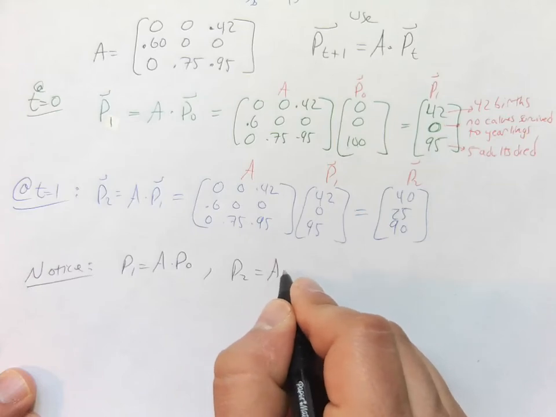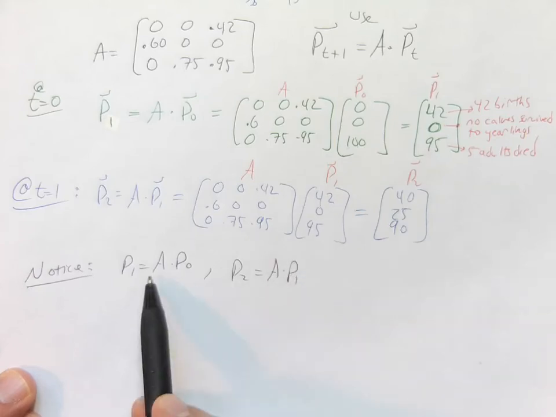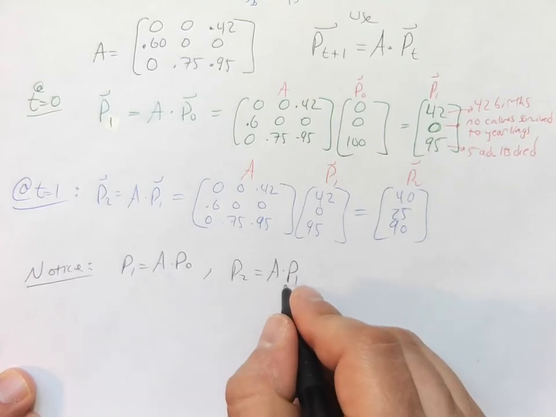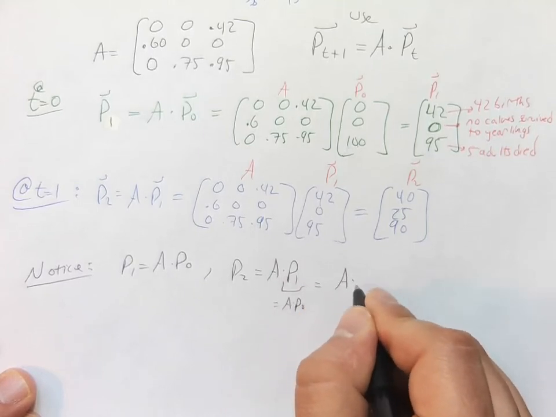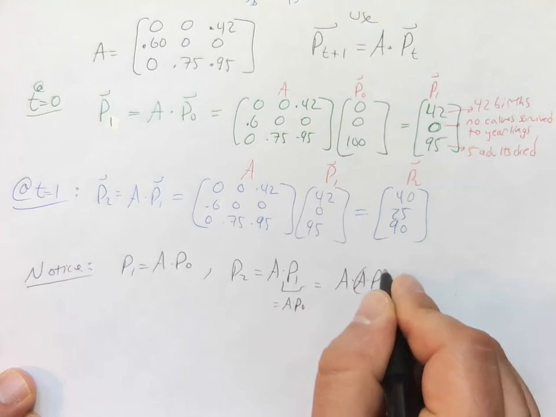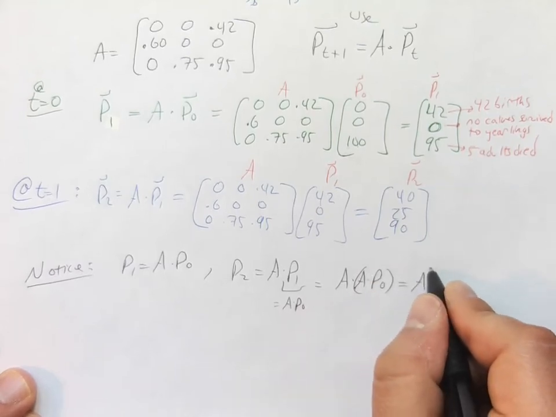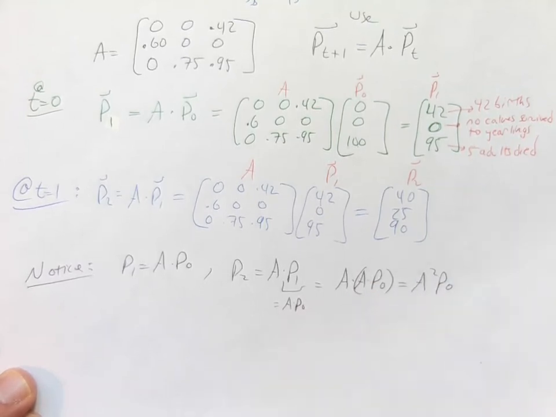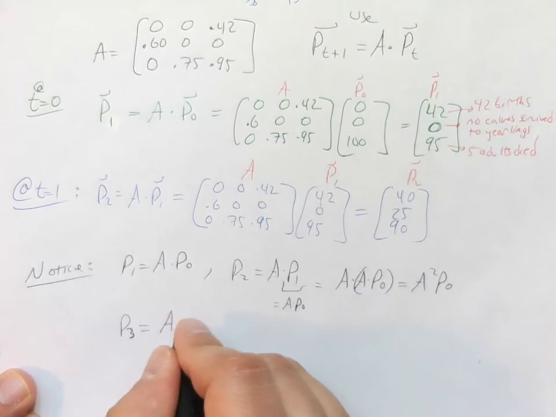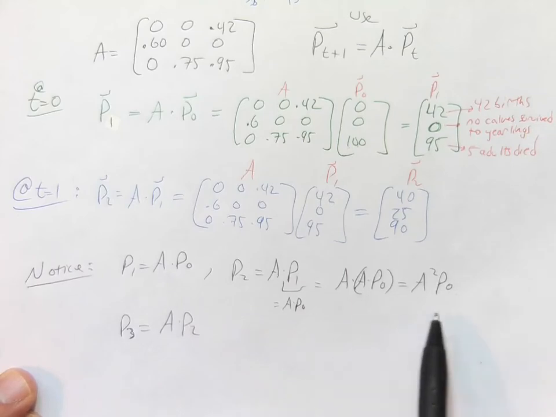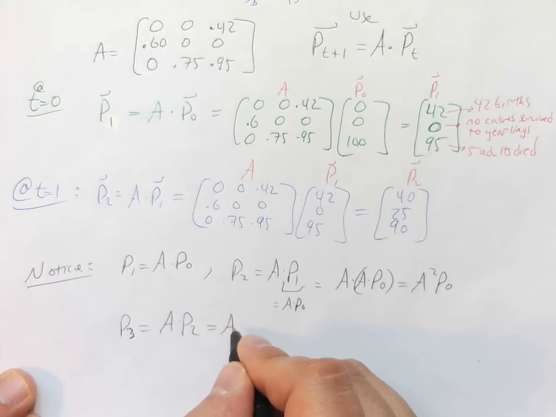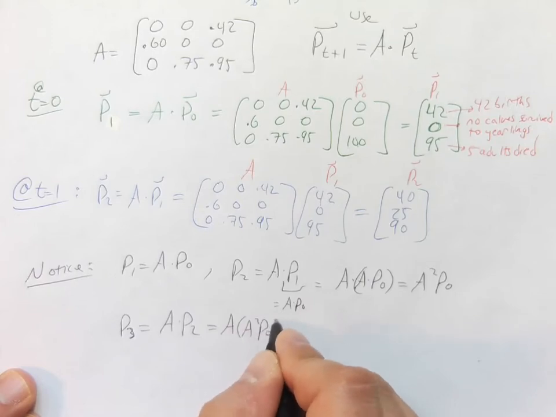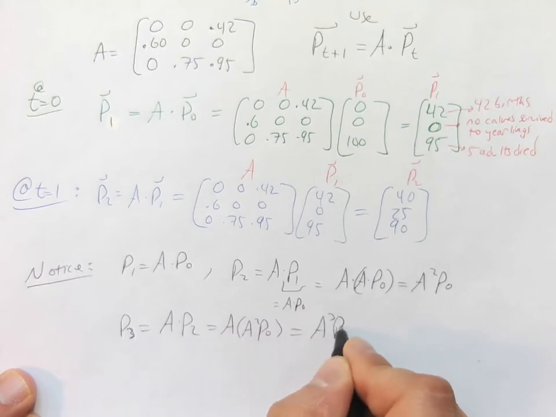P2 was A times P1, and we just said P1 was A times P0, and so this equals A times A times P0, which is A squared P0. If we did P3, we would do A times P2, and P2 is A squared P0. So we get A cubed P0.